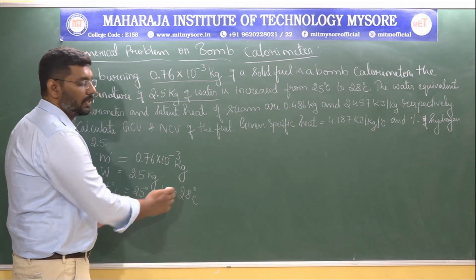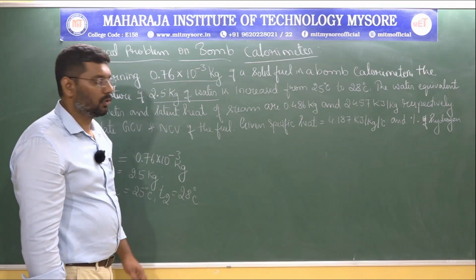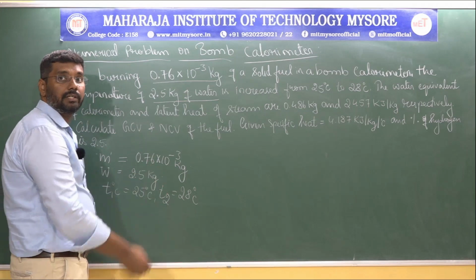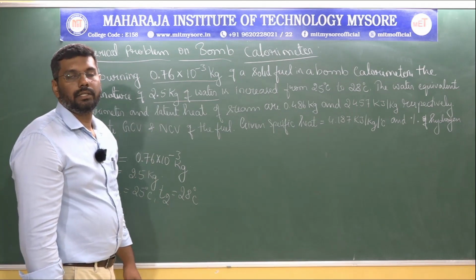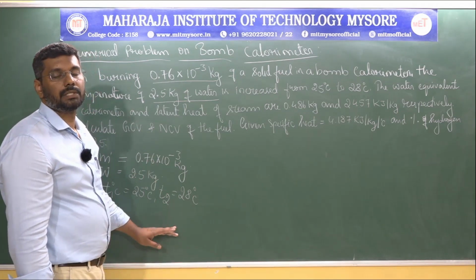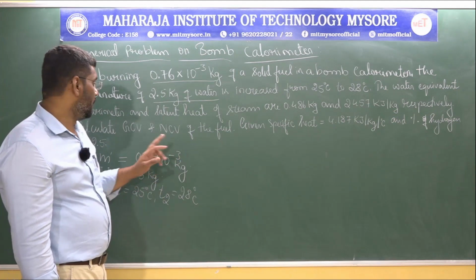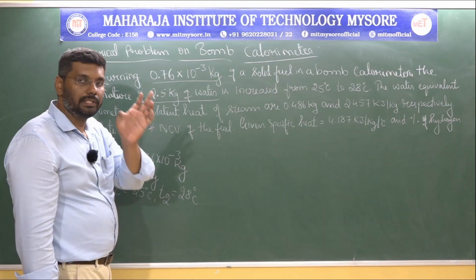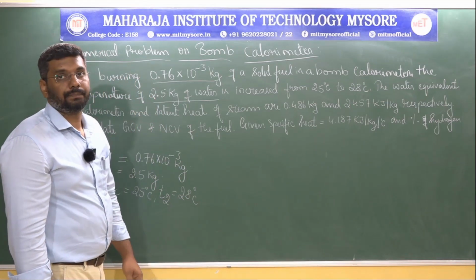If you subtract T1 from T2, 28 minus 25, it is 3 degrees Celsius. That is the temperature raised during the combustion of the 0.76 into 10 raised minus 3 kg of the fuel inside the bomb calorimeter.